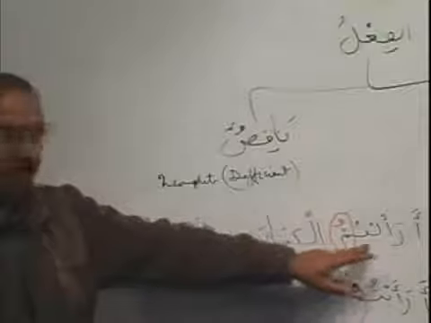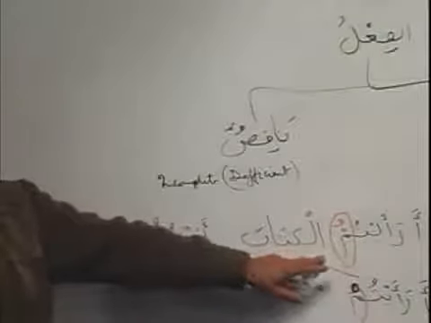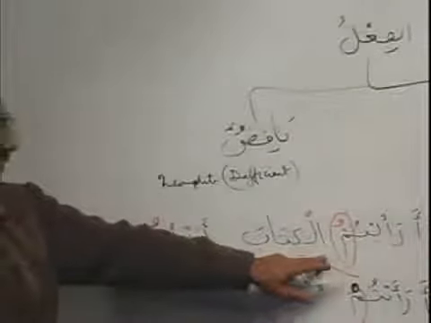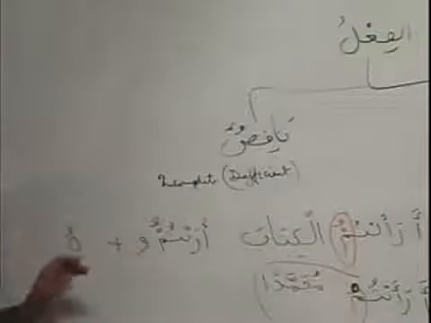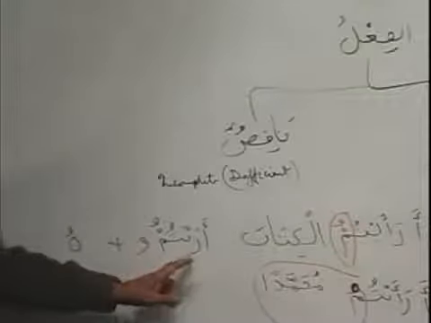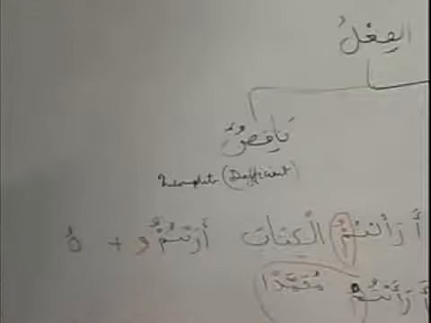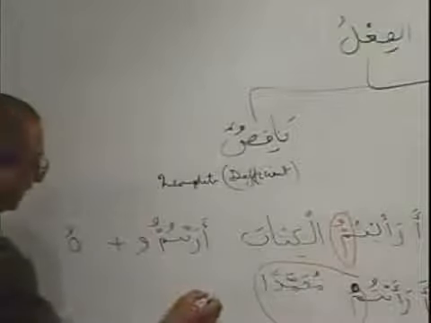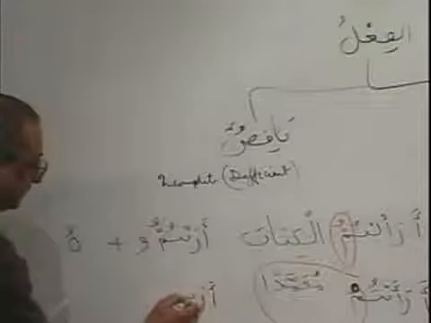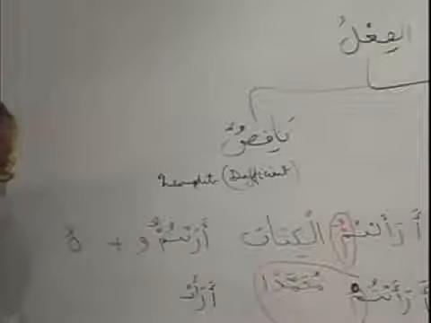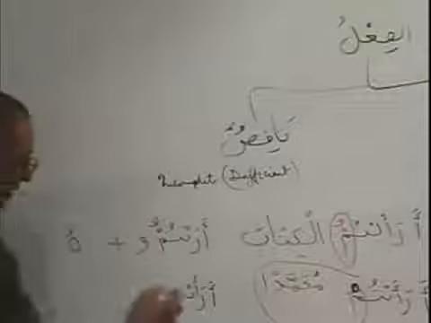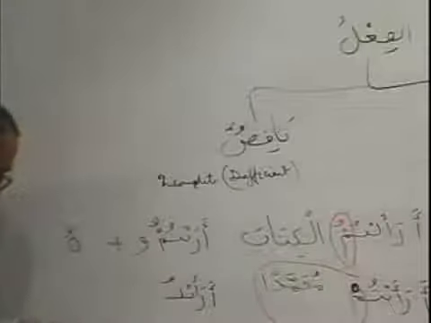Ra'aytum, then a proper noun came with al, and I put only dhamma. But if I have a pronoun coming as a maf'ulun bihi with ra'aytum, then I will change it into ra'ay tu.